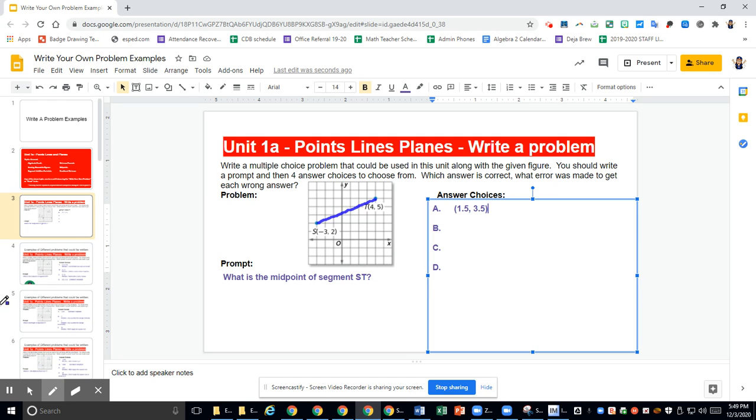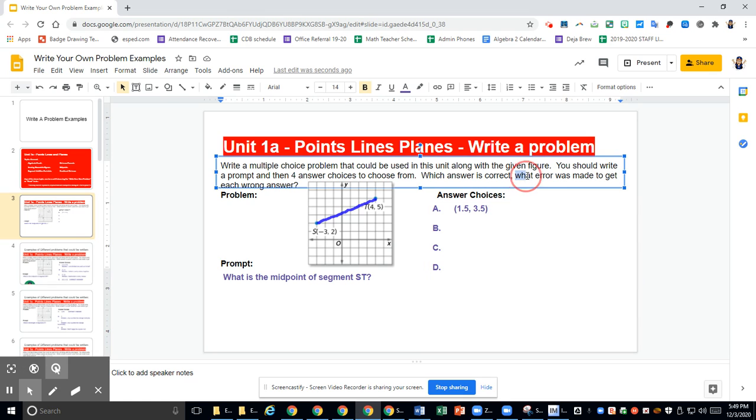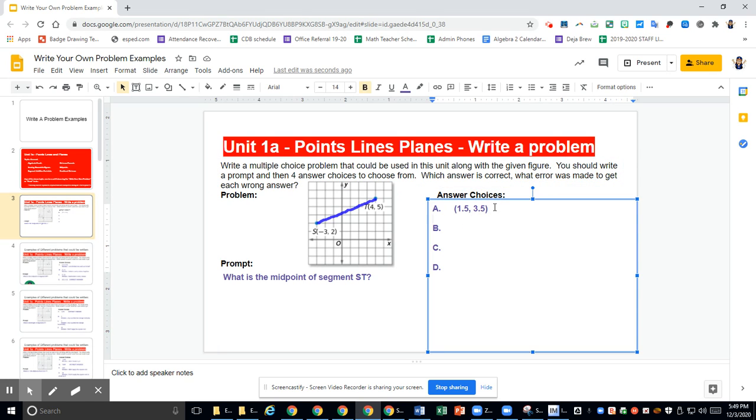So let's write down what the mistake was, because it does tell me right here that I need to say what error was made for my wrong answers. So I'm going to put that down here. My mistake here was we just divided rise and run in half. All right, so now let's say, what else could we do?